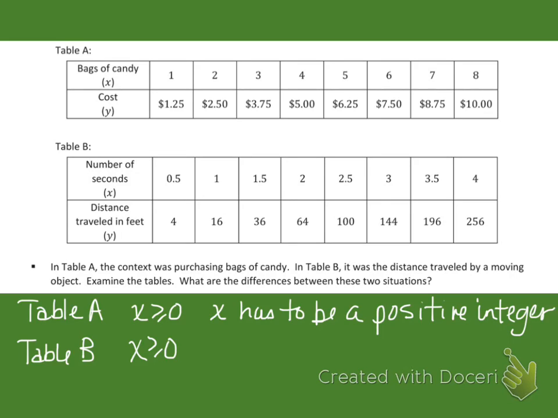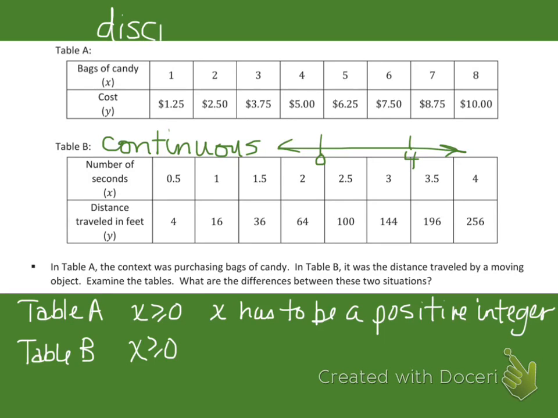So we're going to call table B a continuous function, because the inputs are all the numbers on the number line here between 0 and 4. So it's a continuous function. There's an infinite number of inputs. But the function in table A is what we'll call discrete.